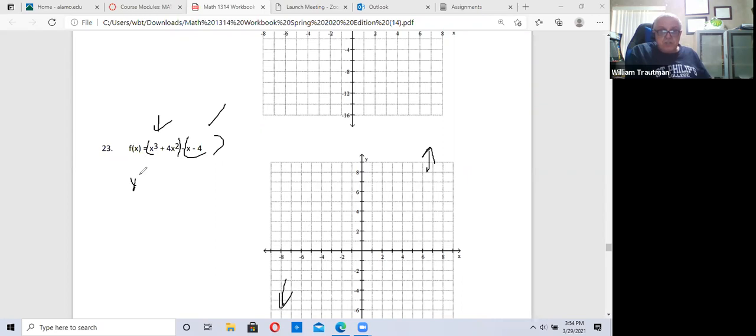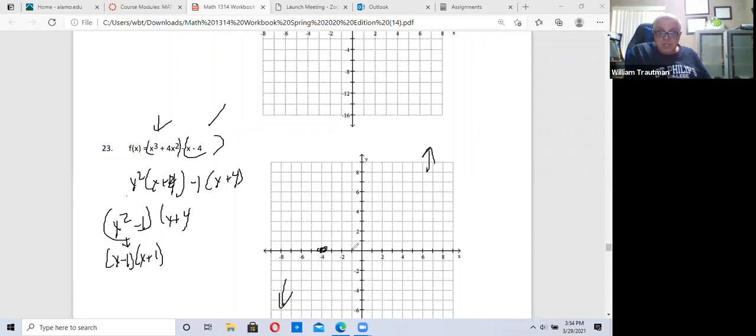If you factor that, you'd get x squared, x plus 4. And this one, you factor out a -1 and you get an x plus 4. So at -4, you'd have a zero. And don't forget that this factors to x minus 1, x plus 1.